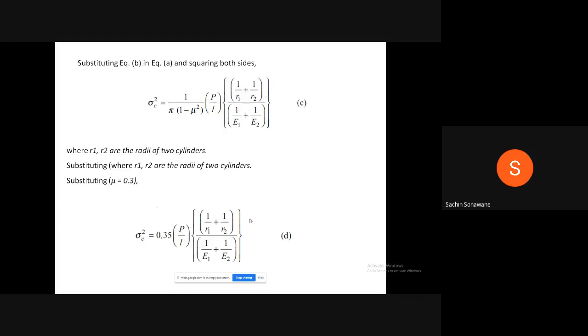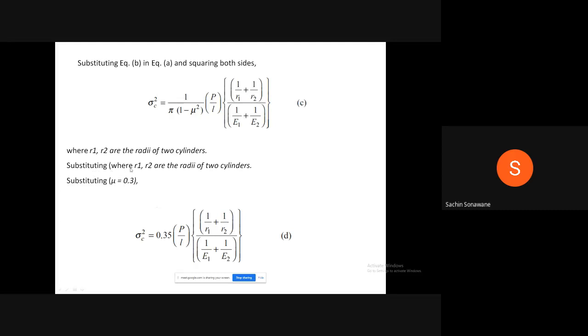Substituting equation B in equation A and squaring both sides, we get sigma c square is equal to 1 divided by pi into (1 minus mu square) into P divided by L into (1/R1 plus 1/R2) divided by (1/E1 plus 1/E2), equation C, where R1 and R2 are the radii of the two cylinders.